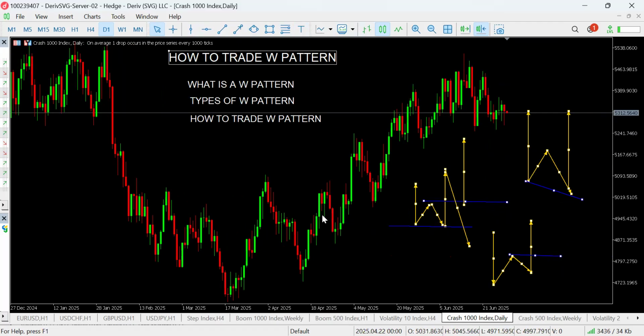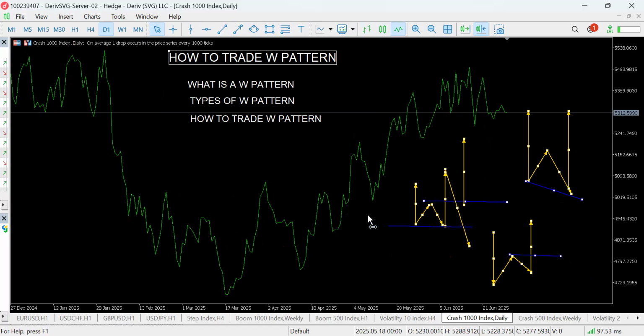The easiest way to spot this pattern would be to simply go to the line graph. The first I can already see here, remember we said that most times we spot them at the bottom of a downtrend, signaling the beginning of an uptrend. We can see here that price came down to this level, ranged a bit, and then we have a beautiful W pattern here.